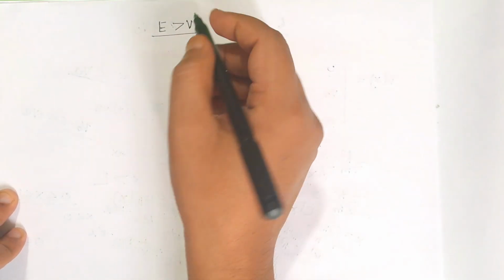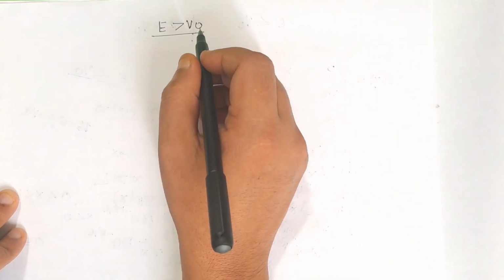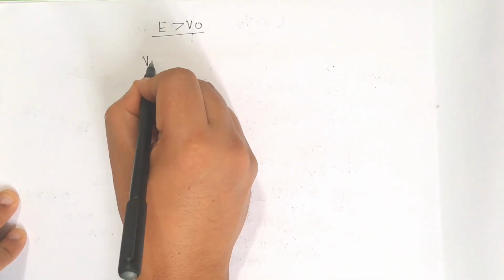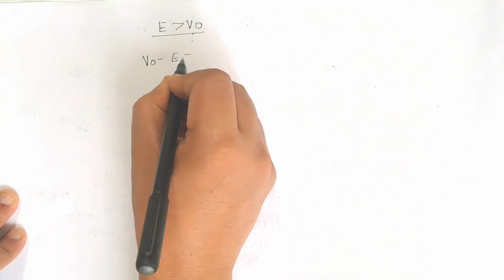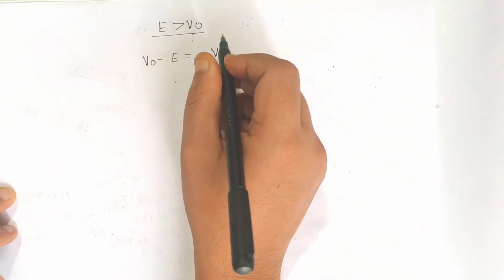If the energy of the particle is greater than the potential energy, then V0 minus E will be negative.